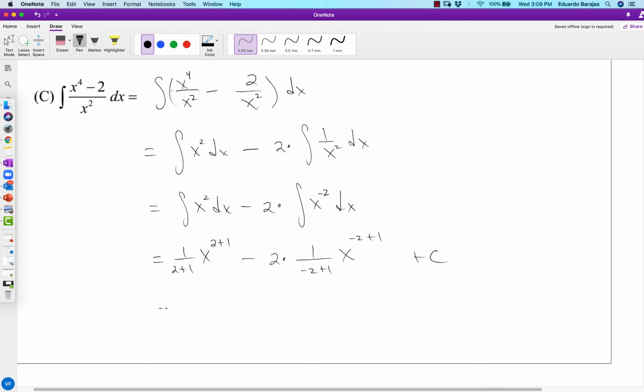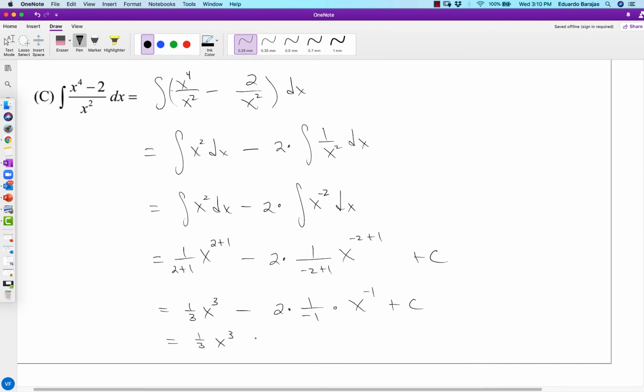And now we just simplify this. This is going to be equal to 1/3 x to the power of 3 minus, and now negative 2 plus 1 is going to be negative 1. So this is going to be equal to 2 times 1 over negative 1 times x to the negative 1 power plus c.